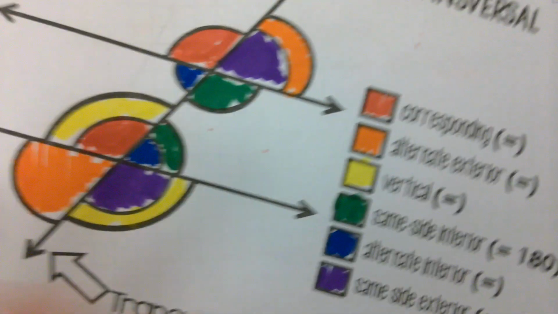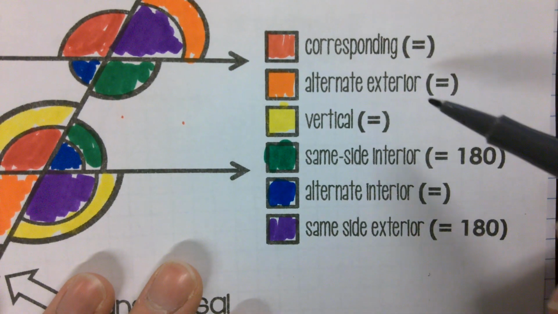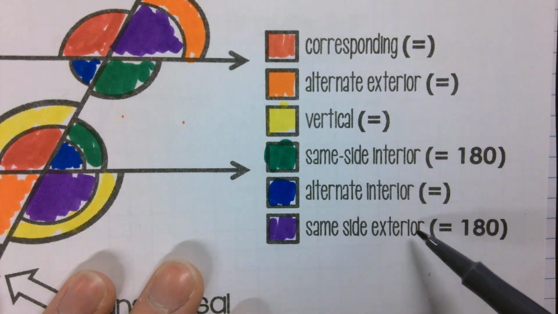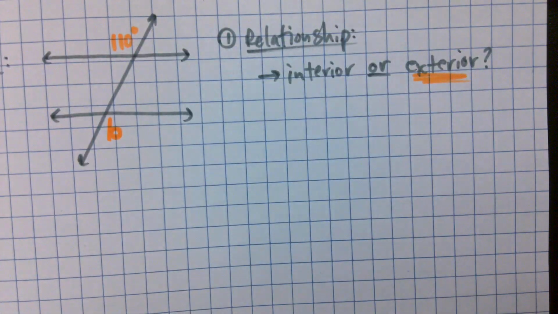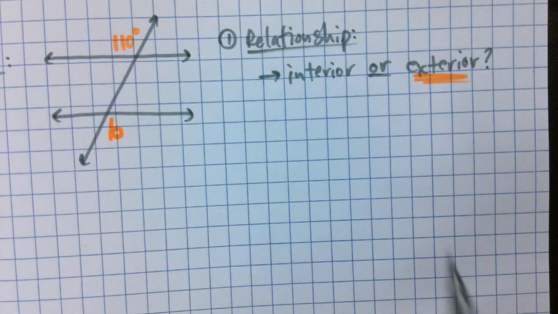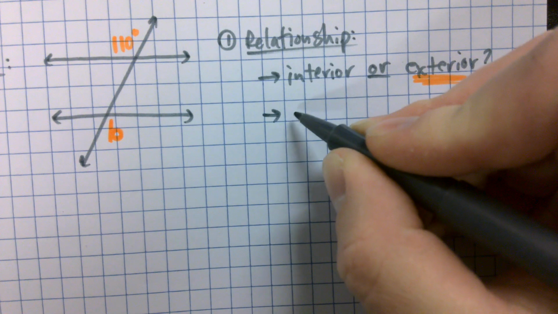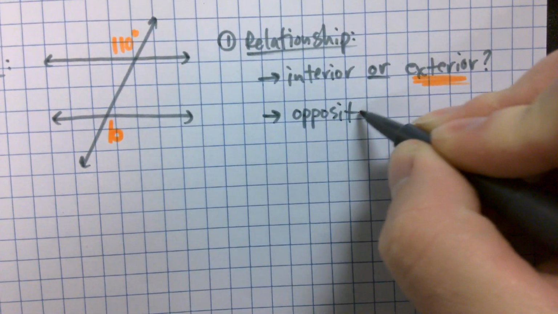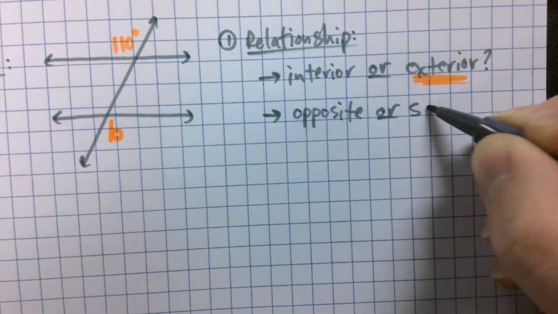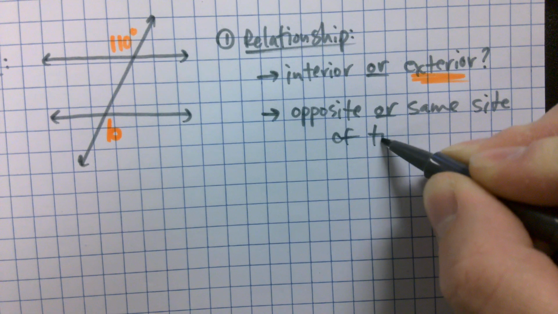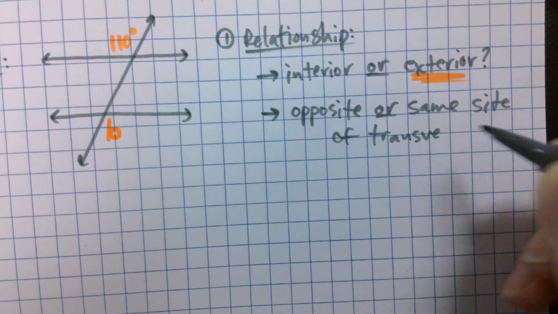So now we know from our list of options, they've either got to be alternate exterior or same side exterior. Well, if I'm looking at my transversal now, we're going to ask, are they on the opposite or same side of the transversal?